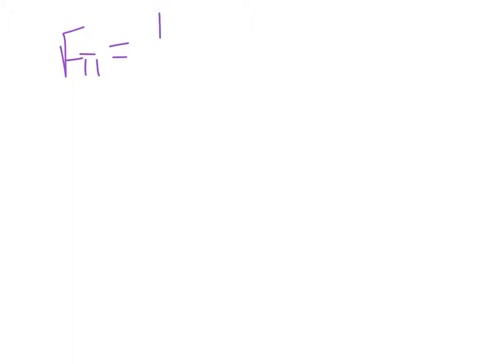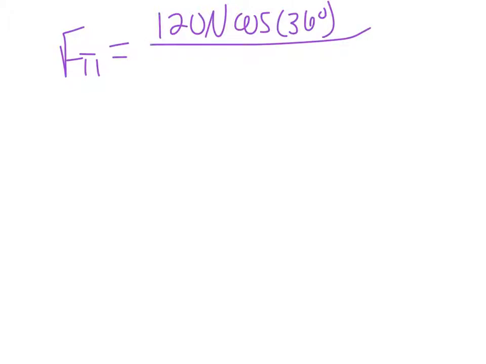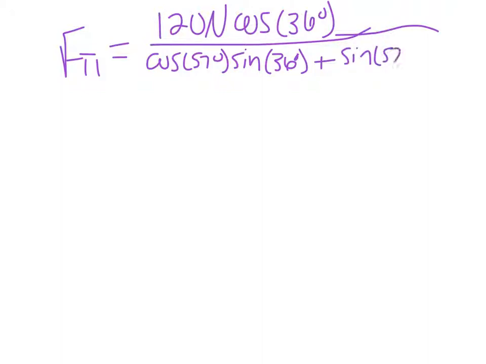Ft1 equals, I was given Fg 120 newtons, cosine 36 degrees, divided by cosine 57 degrees sine 36 degrees plus sine 57 degrees cosine 36 degrees.